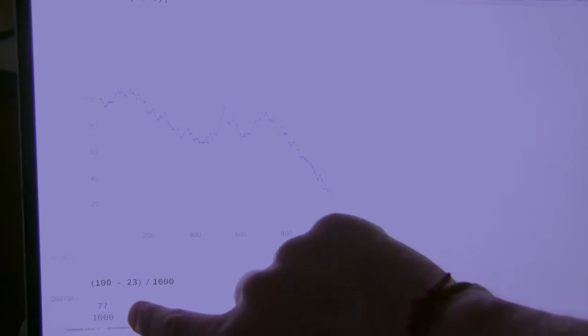Cash is just our number, so we ended up at 23. So we do 100 minus 23, divided by 1,000. So that's 77 over 1,000, so it's about 7.7 cents.